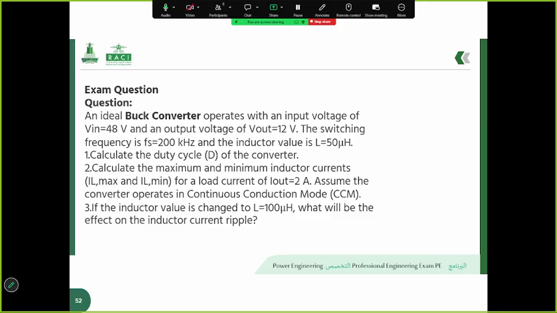Finally, the question examines the effect of increasing the inductance to 100 microhenry, highlighting that the larger inductance reduces the slope of the inductor current, thereby decreasing the ripple magnitude while keeping the average current unchanged. This part reinforces the fundamental trade-off in converter design between inductance size, current ripple, and dynamic response.